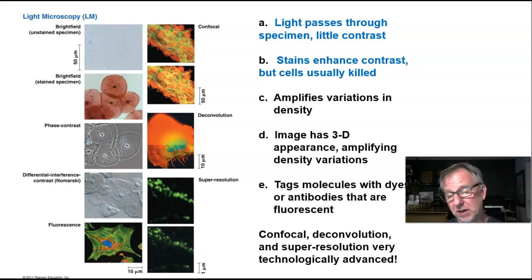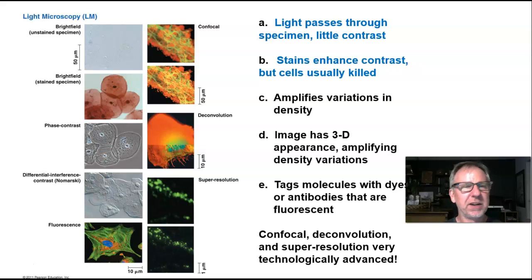Many cells, for example, don't have colors to them. They're basically almost transparent. So we really can't see many details about them because there's so little contrast. However, in part B on here, we can add dyes or stains to our microscope specimens, chemicals that make things become darker or colorized. And we can look at them that way through a microscope, and that helps to increase or enhance contrast.